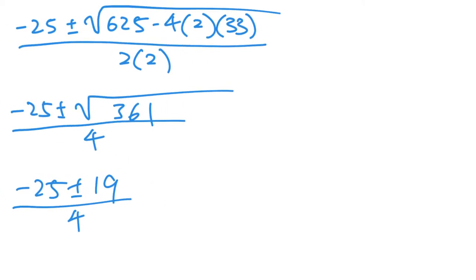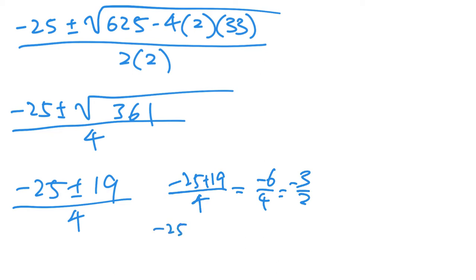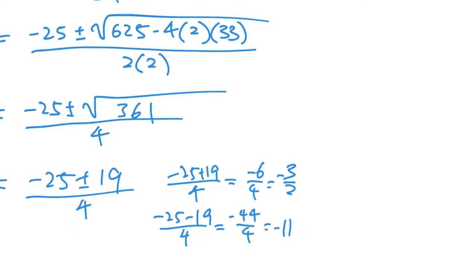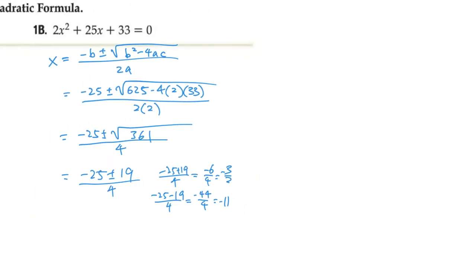Which means I have negative 25 plus 19 over 4, which is equal to negative 6 over 4, which is negative 3/2, or negative 25 minus 19 over 4, which is negative 44 over 4, which is negative 11. Okay, and those are my two answers.